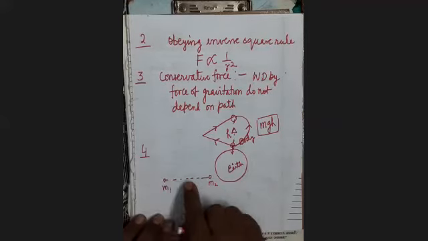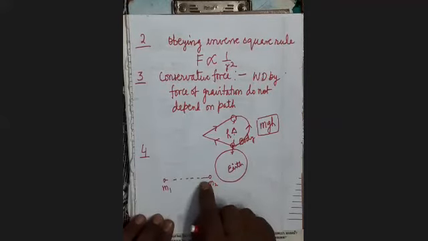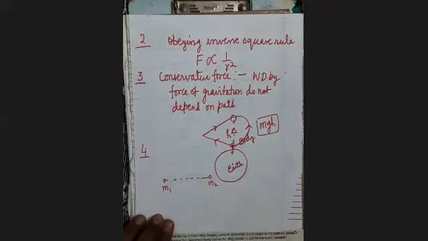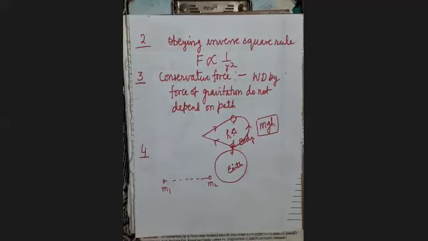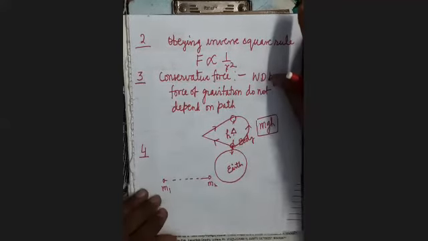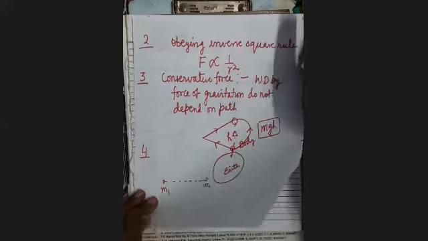As long as the distance between them is the same, the force will remain the same. It does not depend upon the presence of other bodies nearby. It's clear. So these are some properties of the gravitational force or force of gravitation.